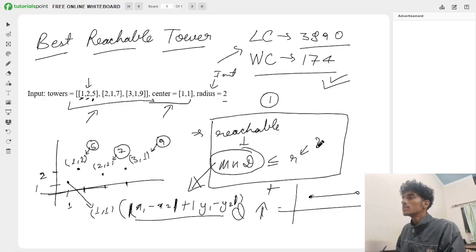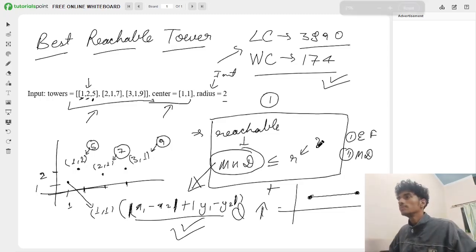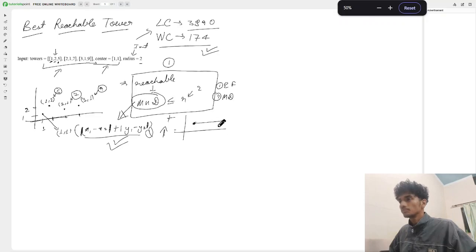We have two ways: first is the Euclidean formula, and the second is the Manhattan distance, and it is this equation that we will be using to calculate the distances between any 2 points. This is fine over here.